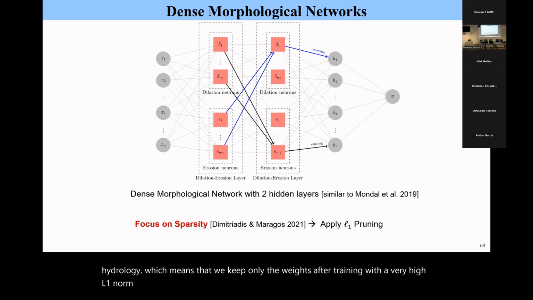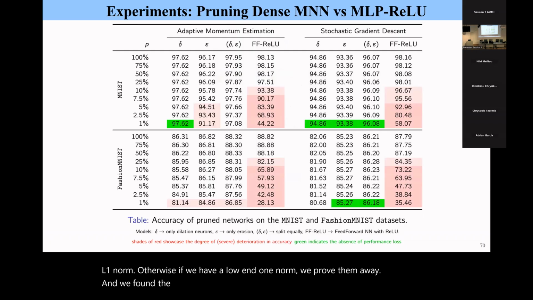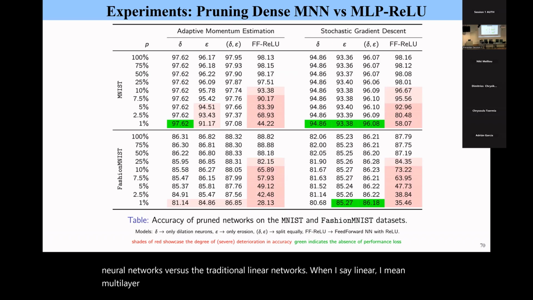Otherwise, if they have a low L1 norm, we prune them away. And we found the following interesting results, of these dense morphological neural networks versus the traditional linear networks. But when I say linear, I mean multi-layer perceptrons with ReLU activations.